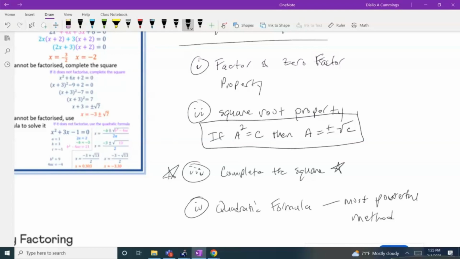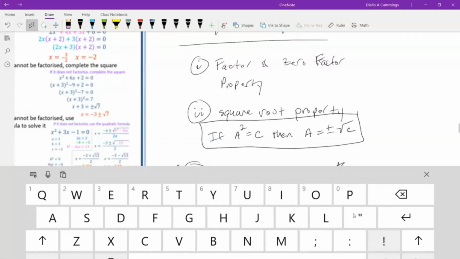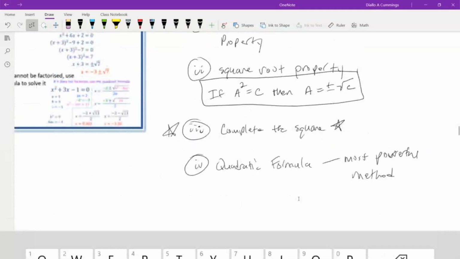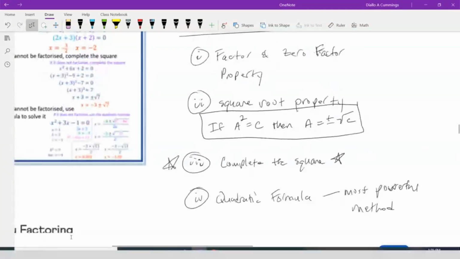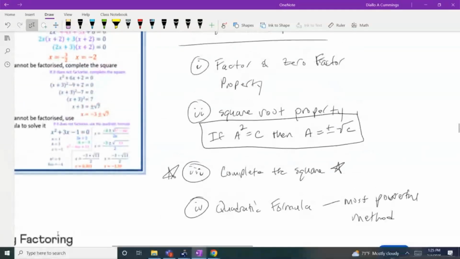It will work every time. But the factoring zero factor property method, that can't be used all the time because all of the quadratic equations aren't factorable. That doesn't mean they don't have an answer. That just means you can't answer them.